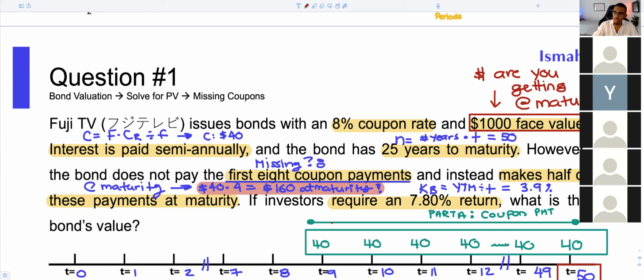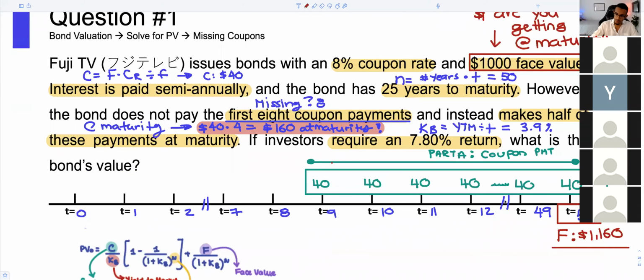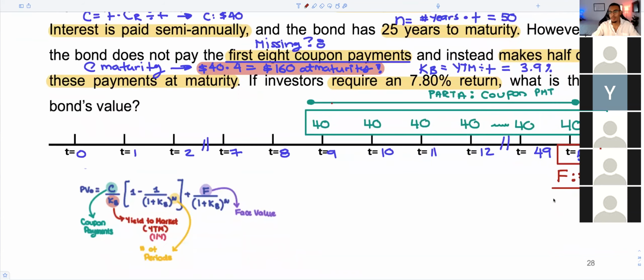And at maturity, this means at T equals 50, which we drew on our timeline right here, we're going to be receiving $1,000 plus the missing payments, right? We missed 8 payments, but 4 of them are coming back. So we're getting $40 times 4, so $160 extra. That's why we have $1,160 at maturity for part B. Okay, so very important to know.